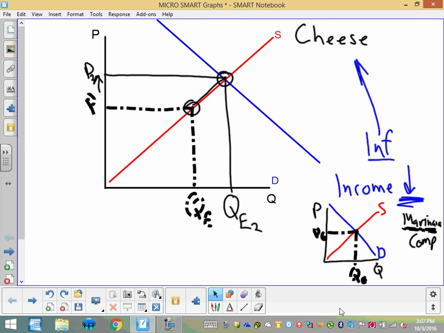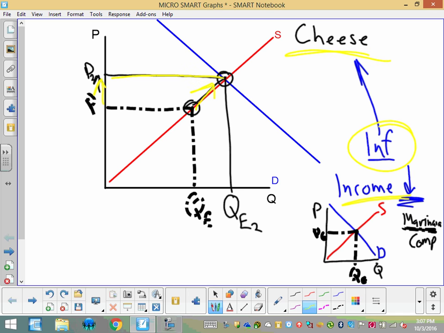Well, if income decreases, and this is an inferior good, demand, as we saw here, is going to increase. That increase in demand will cause a what? An increase in price. So that means we have an increase in price for our cheese sticks, and if they're complements, what does that mean?